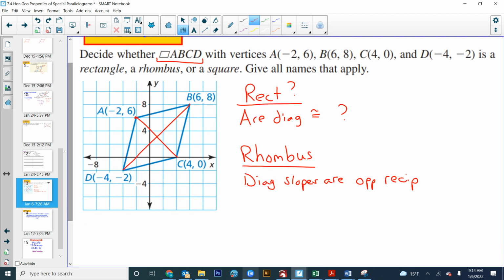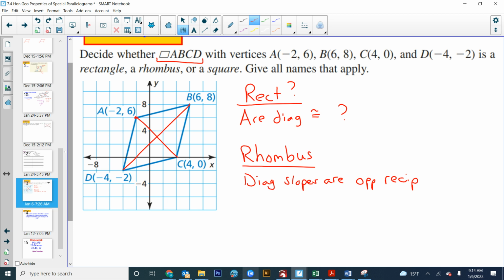How are we going to show that it's a square? What things do we need to check to see if it's a square? Well, the side lengths being congruent: it will have to be a rhombus if its diagonals are opposite reciprocals. So we don't need to check for 4 congruent sides, because if it passes the rhombus test, if its diagonals are perpendicular, automatically it's a rhombus that has 4 congruent sides.